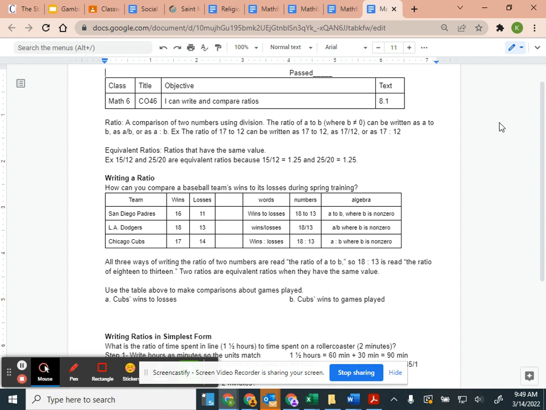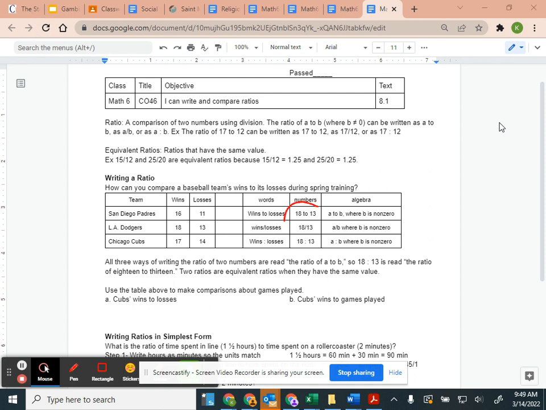First unit objective is CO46. I can write and compare ratios. So remember that a ratio is a comparison of 2 numbers using division. Remember our ratios, we could write them 3 different ways.